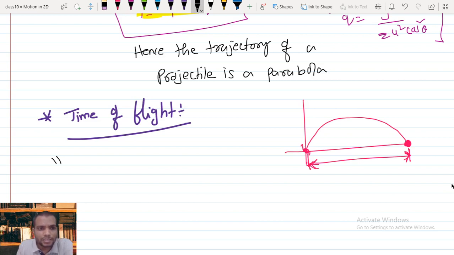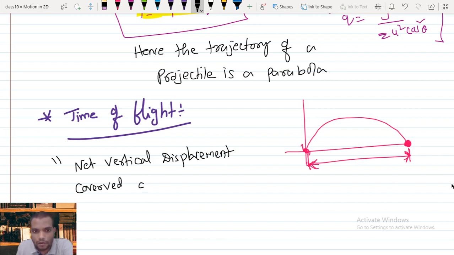So please remember this point. In this projectile motion, the net vertical displacement covered during its time of flight is equal to 0.